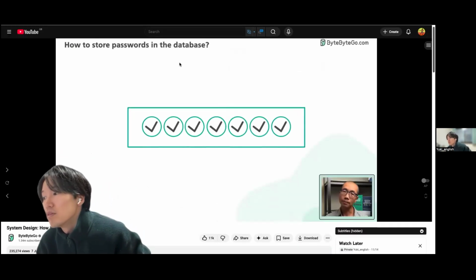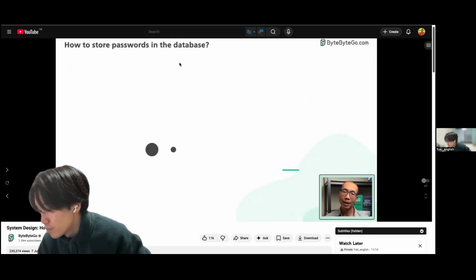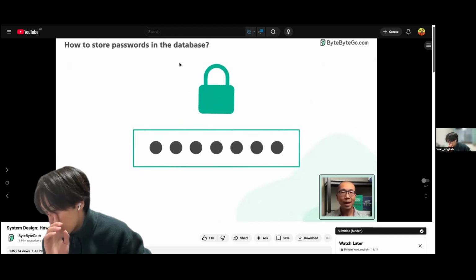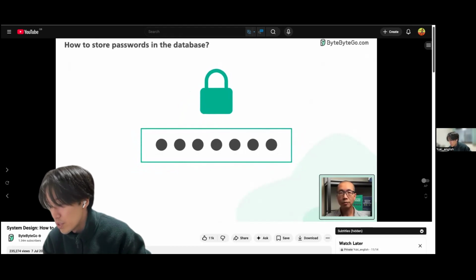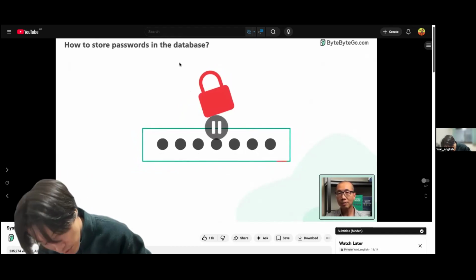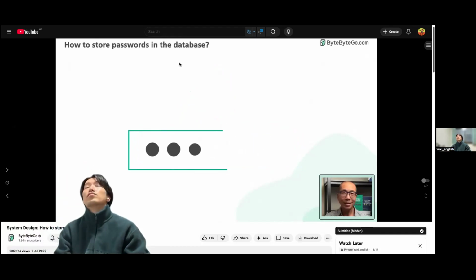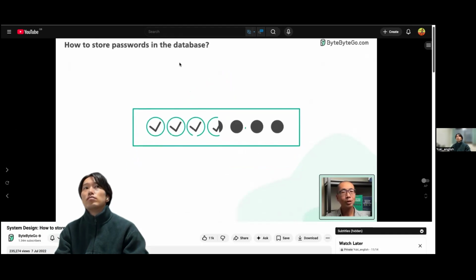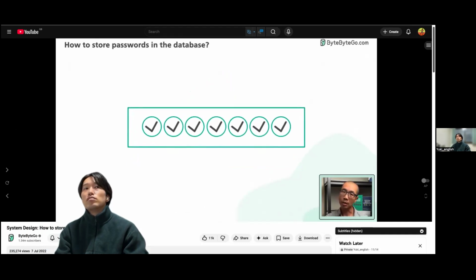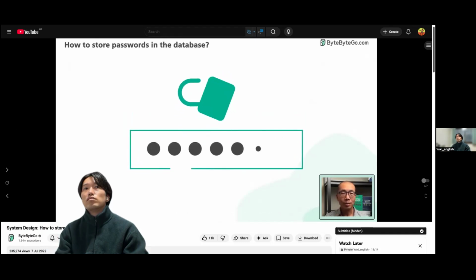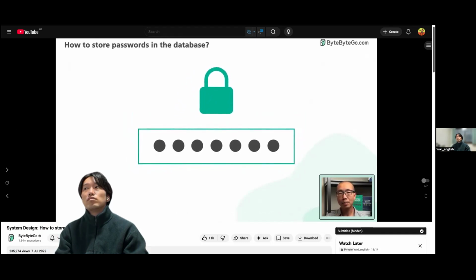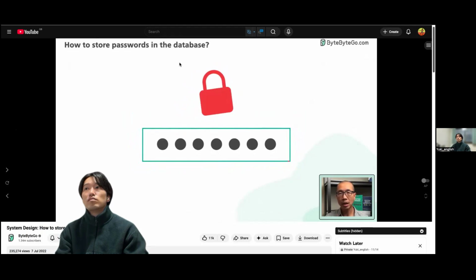Let's take a look. It is essential to store passwords in a way that keeps an attacker from getting them.